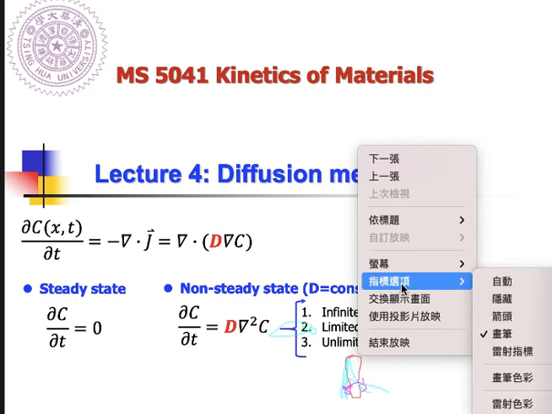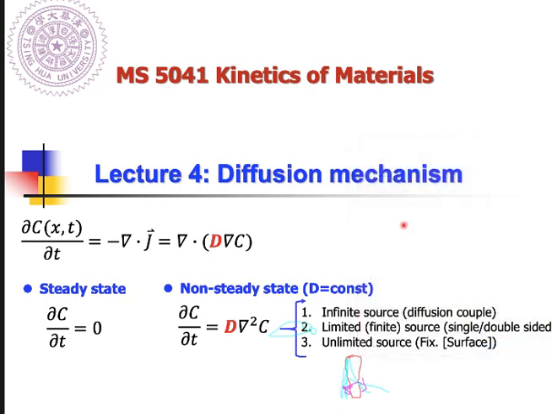So this is what we are interested in and want to show you in this lecture: the diffusion mechanism, to describe on a micro scale how the atoms diffuse into these materials.